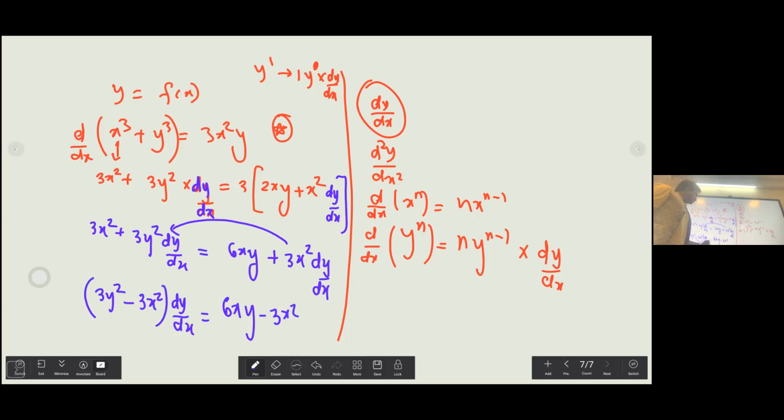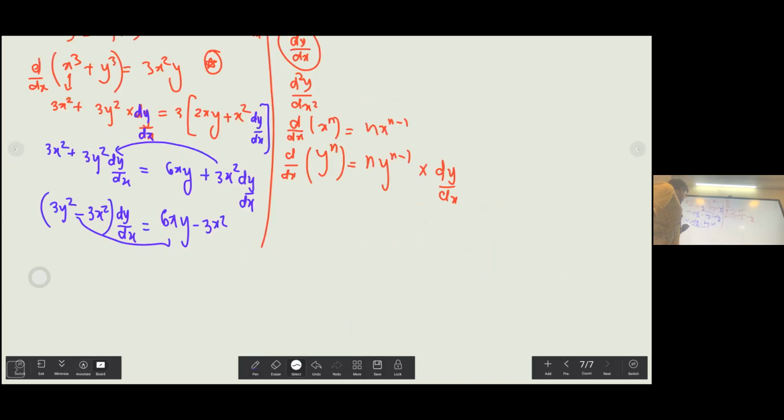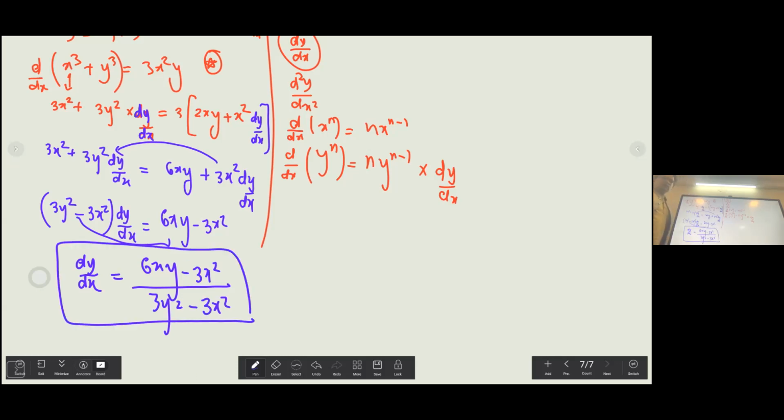You just divide this out, and at the end dy by dx is (6xy minus 3x squared) upon (3y squared minus 3x squared). So this is your dy by dx expression.